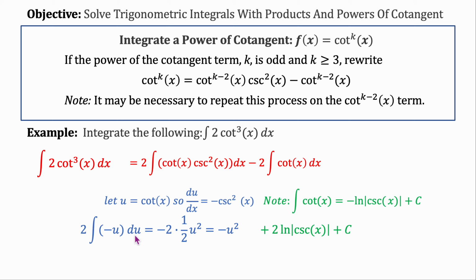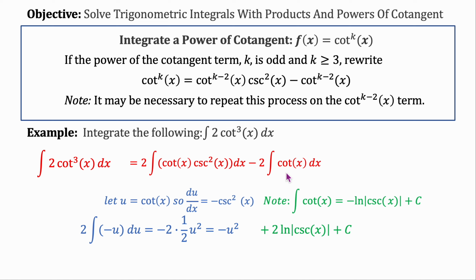So let's put all those pieces together and look at what happens. The cotangent became u, but we needed a negative there because we didn't have one, so we replace the cosecant squared x dx with negative du. The 2 just came along for the ride. You can use the antiderivative, so that would be 1/2 of u squared times that negative and that 2, becoming negative u squared when u is cotangent of x.